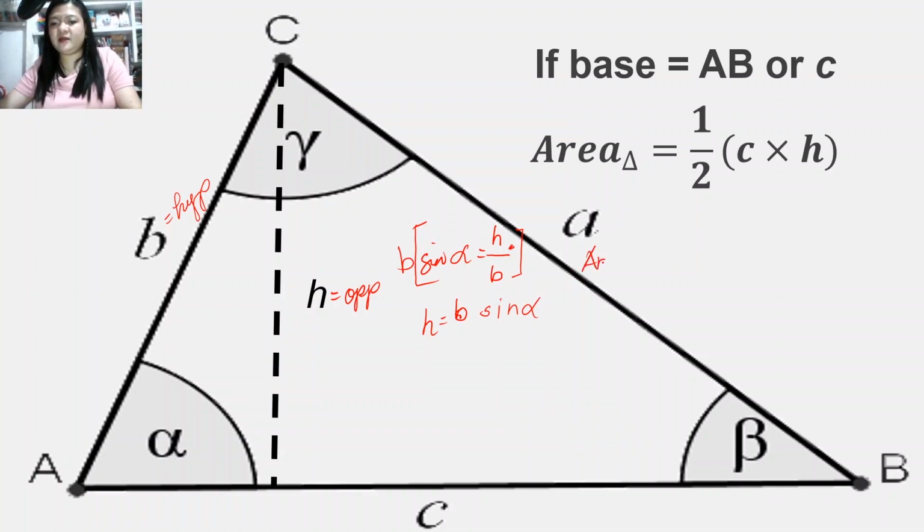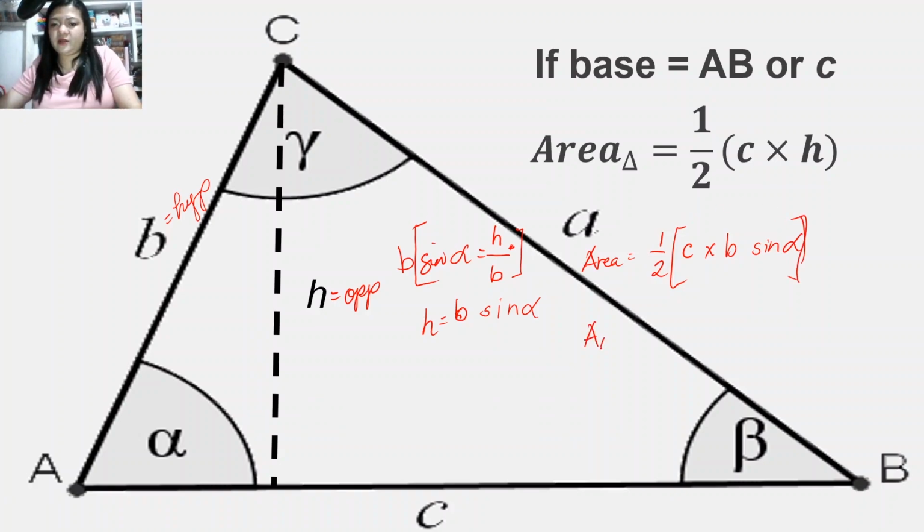Therefore, the area for this triangle is 1/2 times C times B sine alpha.